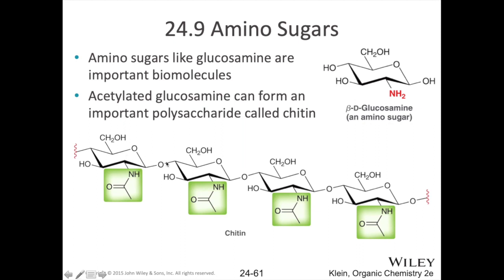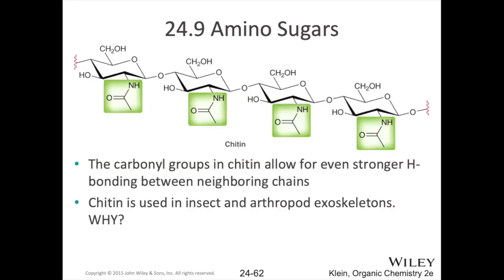The corresponding polymer chain of that is chitin. All right. So chitin, you may have heard of before, is the skeletal armor on a lot of invertebrates. So things like crustaceans and insects have their skeletons, or their shells, made up of chitin.